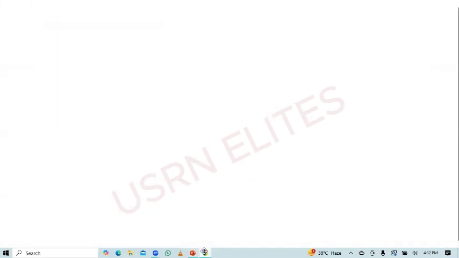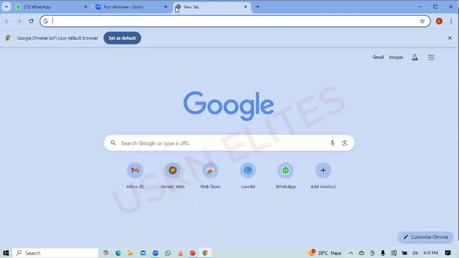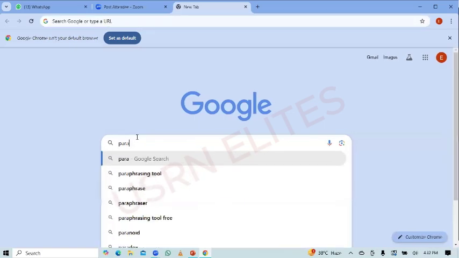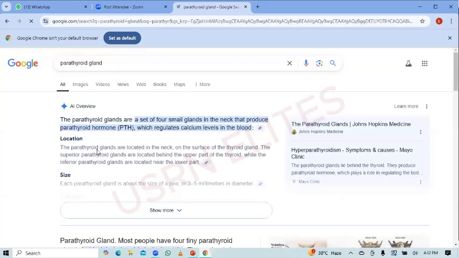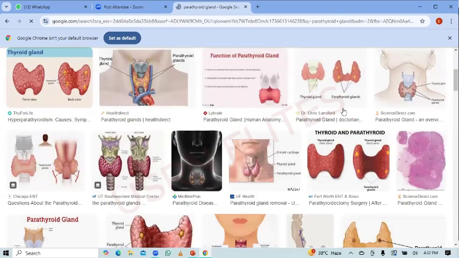Let me try and see if I can show a picture of it, so that we see. They are usually four in number, and they're located behind the thyroid gland. I think this picture will help.